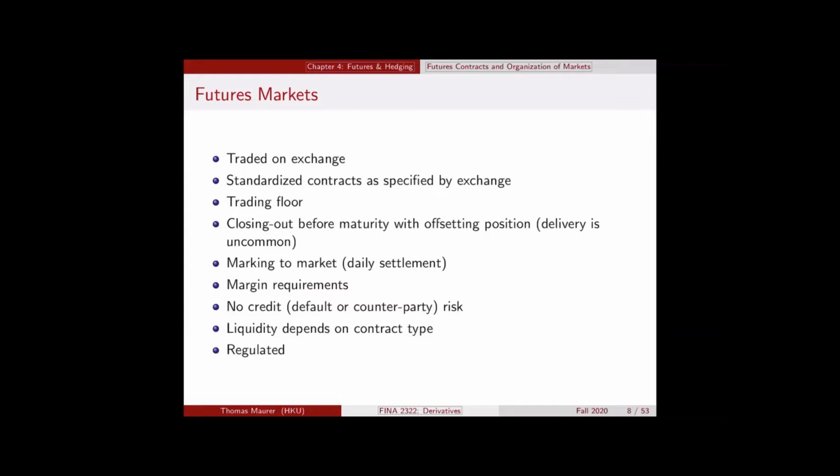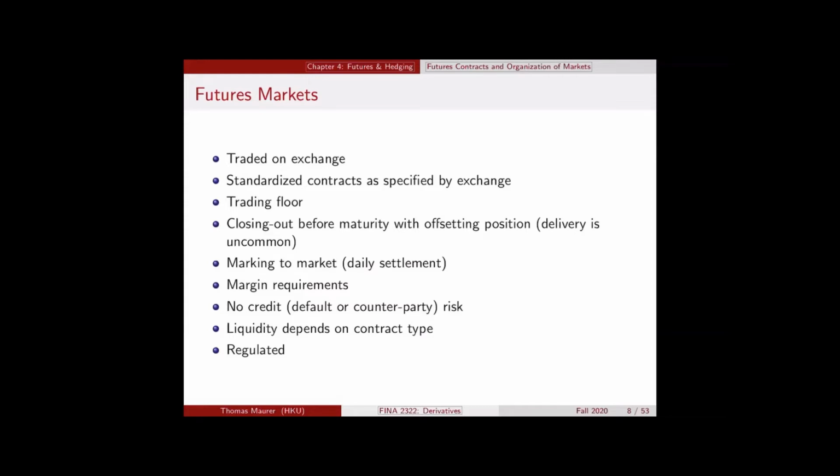As we have mentioned before, marking to market or daily settlement is an important part of futures contracts. And the idea of this is that there's never a very big liability accumulated, and therefore it minimizes default risk. On top of this marking to market, we also have margin requirements, which means that when you open a long or a short position, then the exchange asks you to put down some collateral.